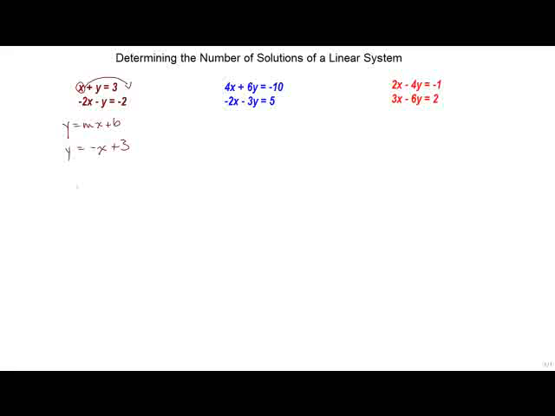Next, we'll do the same thing with our second equation. Once again, we write it in slope-intercept form, y equals mx plus b. So we're going to have negative y equals, we take our negative 2x and move it across where it changes from negative to positive. So we'll have positive 2x, and then we have our minus 2.